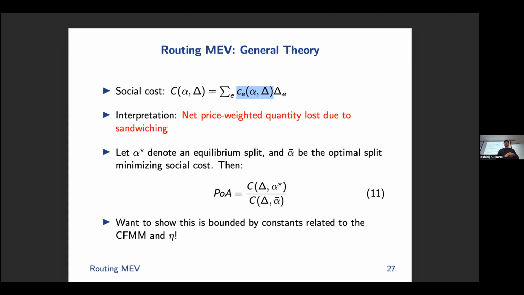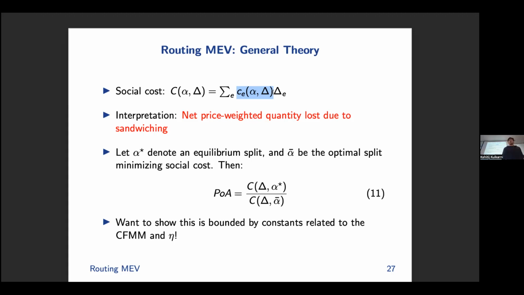And then you can define a notion of price of anarchy, which is you compute this cost at two values. You compute the cost at its optimum, and then you compute the cost at equilibrium, where the equilibrium is the same definition that we gave earlier, which is that the marginal prices are the same on all the paths.